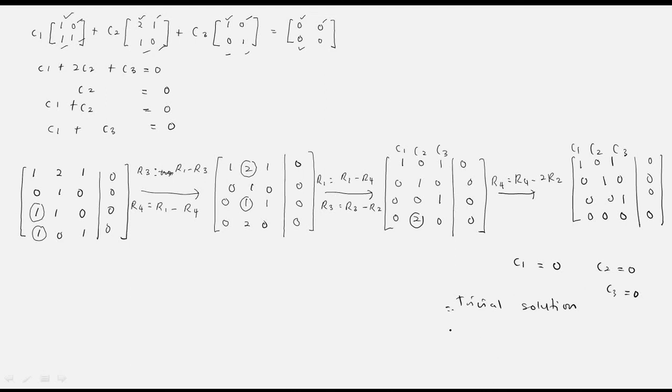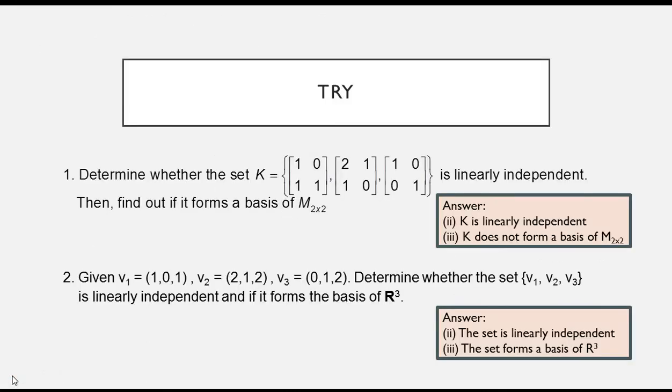Therefore, the set is linearly independent. And then find out if it forms a basis of M matrix 2 by 2. Okay, we have proven that it is linearly independent.